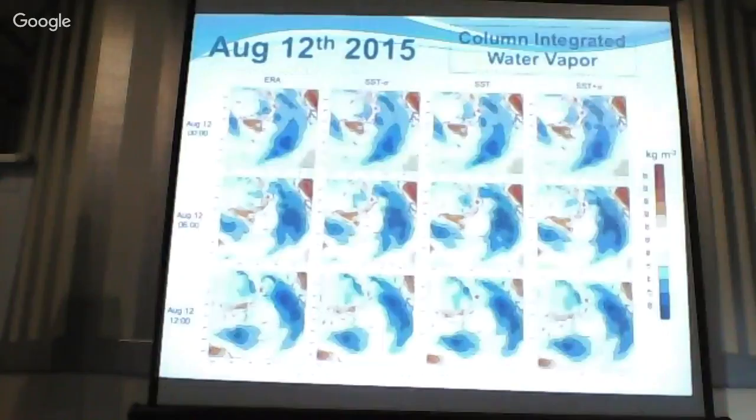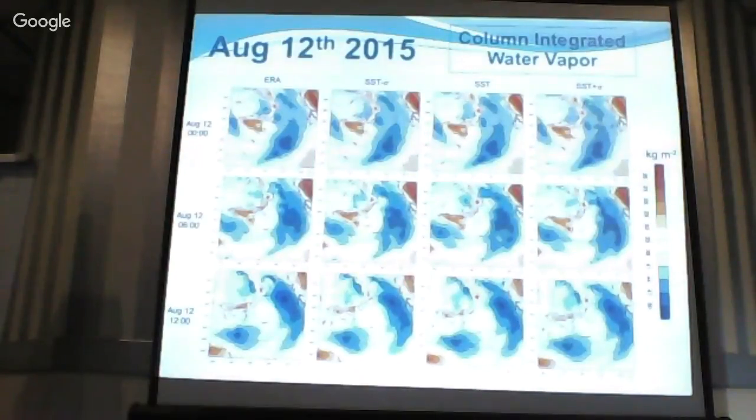This is the evolution of the column integrated water vapor. We chose to show ERA-Interim and ERA-Interim with SST assimilated from the midnight of August 12th, that is a couple of hours before the event started, then at 6, when the event had already started, and at midday.